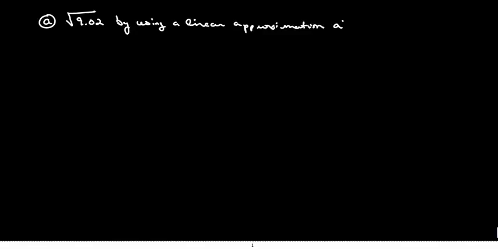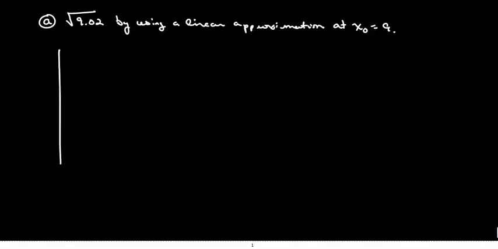we want to approximate the square root of 9.02 by using a linear approximation at an initial value of 9. So let me go ahead and draw what that function looks like.